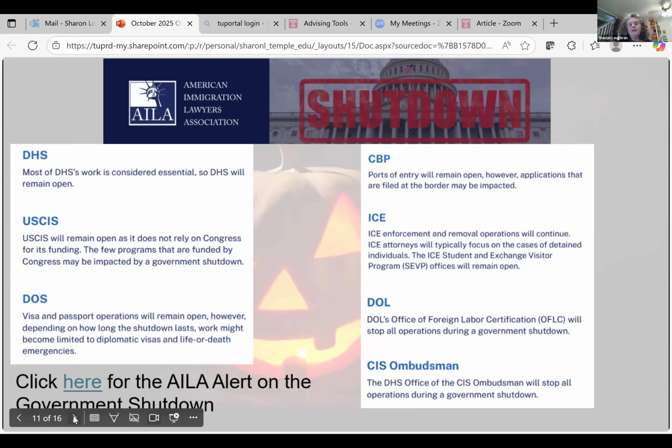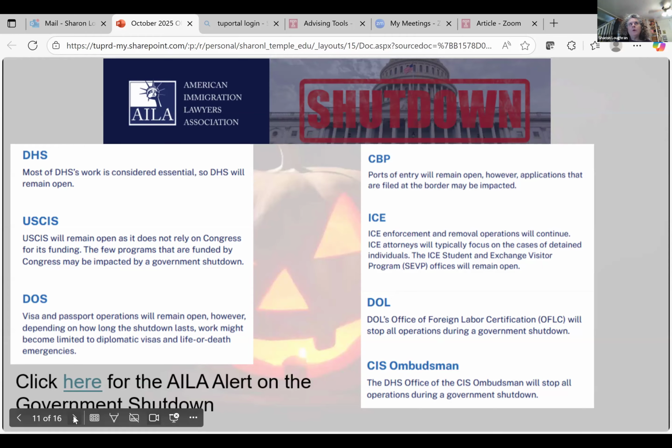Department of Labor, this is the big one. They are not operational, which means we cannot file an LCA. So without an LCA, as of now, we're not allowed to do anything for an H, because we can't file one without an LCA. So hopefully the shutdown won't last too long and this won't be an issue.